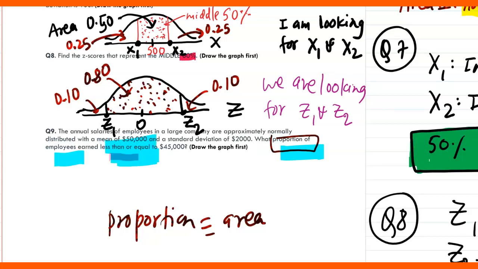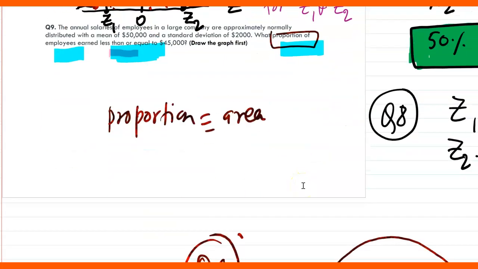If you say less than or equal to, obviously this is going to be left area. Therefore, to find the left area, what do you need to have? Lower bound, upper bound, mean, and standard deviation. And all the information is in this question. You can find it easily. But let me draw the graph first.